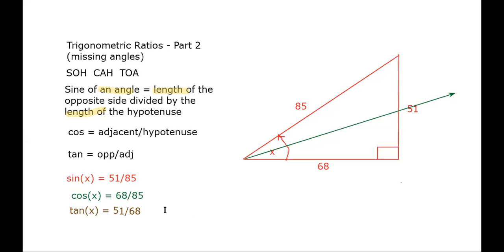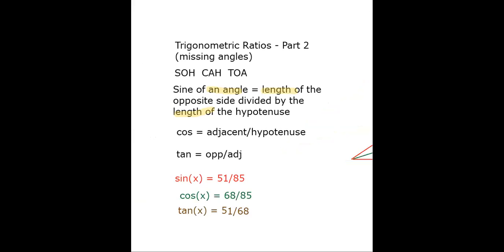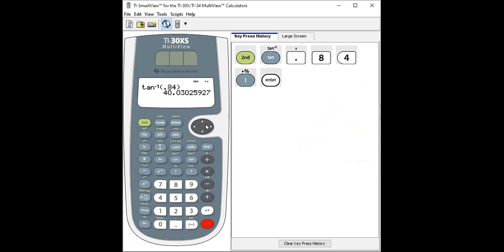So we could use any of these three and get exactly the same answer. So we could use the sine of x equals 51 over 85. And let's do that now. The sine of x is 51 over 85. So let's go to our calculator. And what we know is the sine of x is 51 over 85.